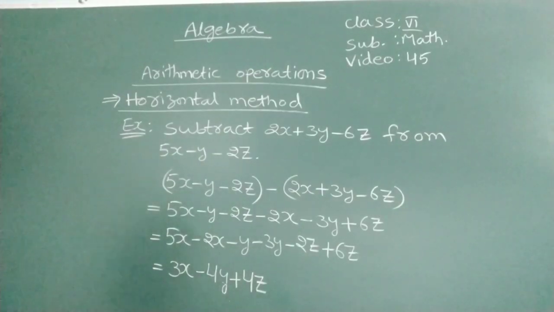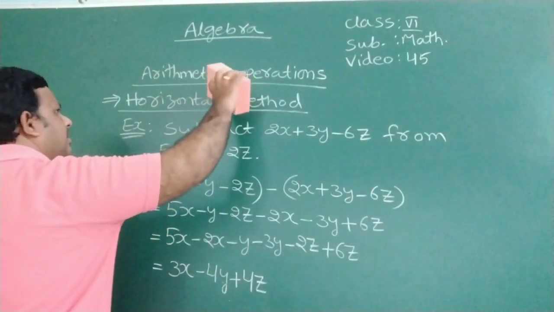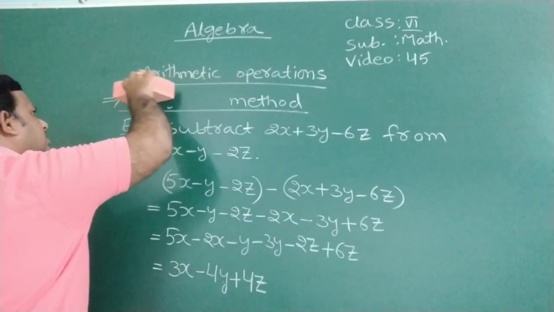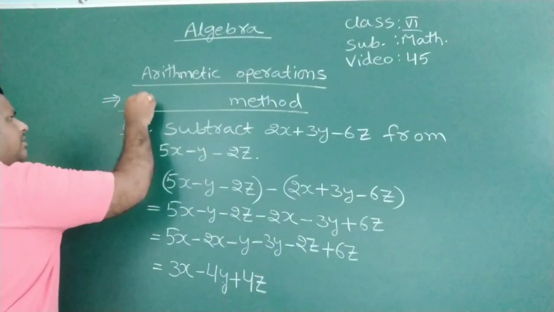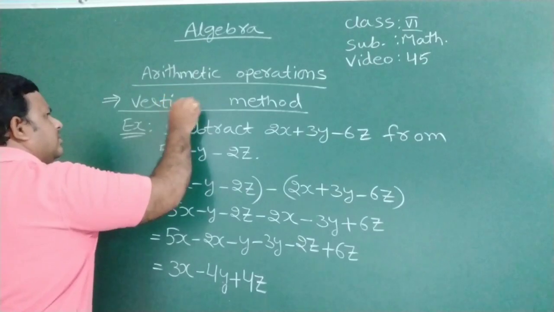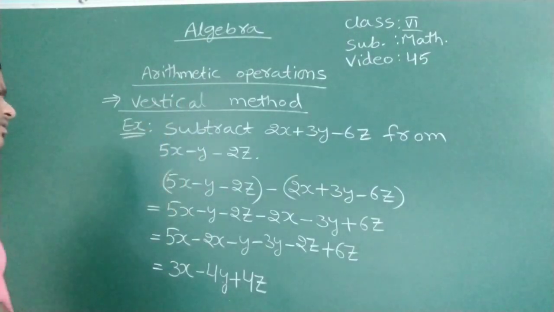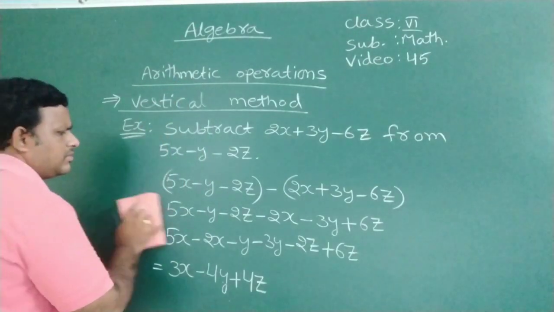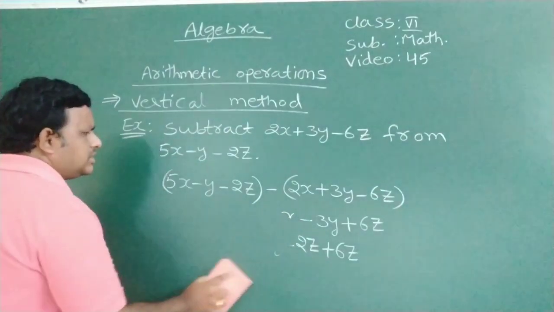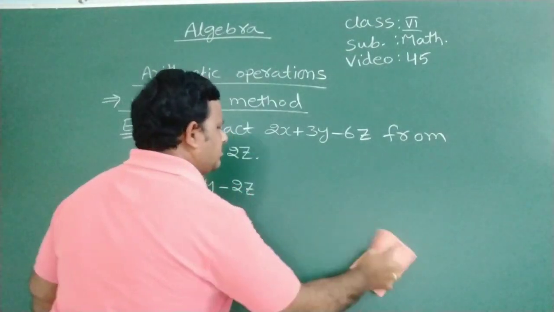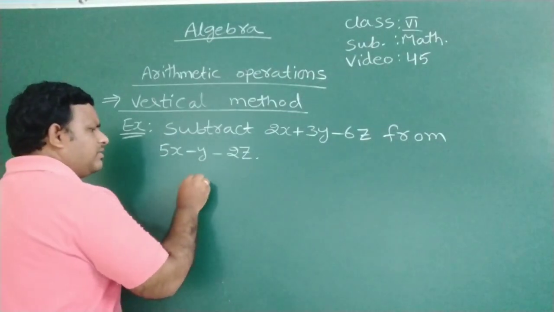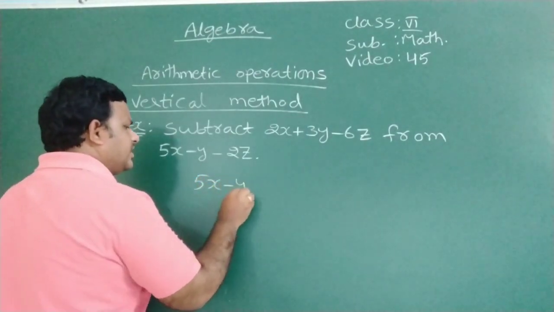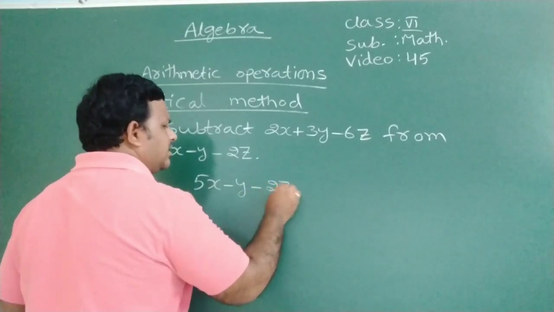So if the same expressions are taken and I use the vertical method, the same answer should come. Okay. So vertical method I am going to give now. The question is the same, but the process is different.